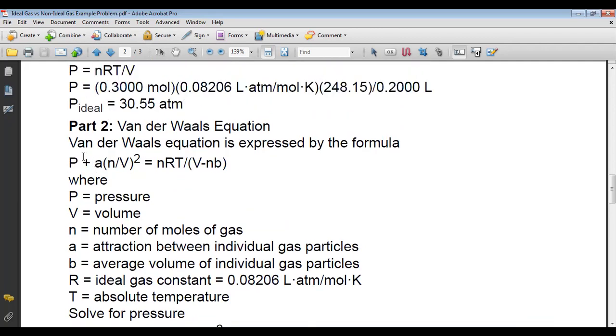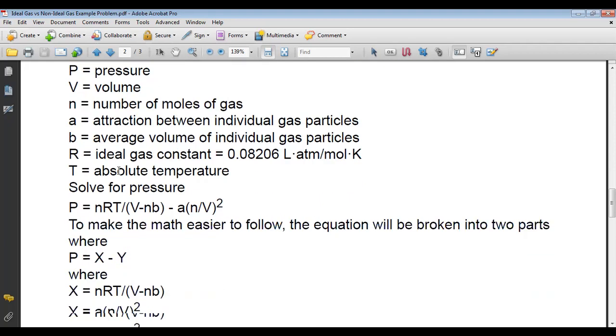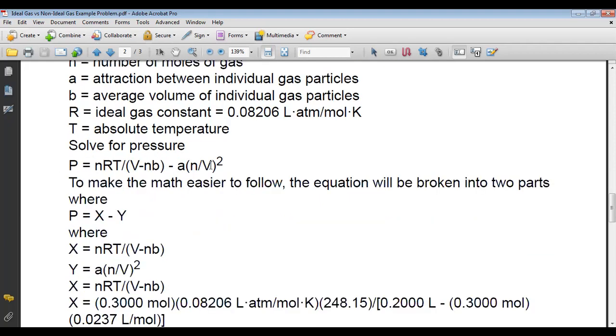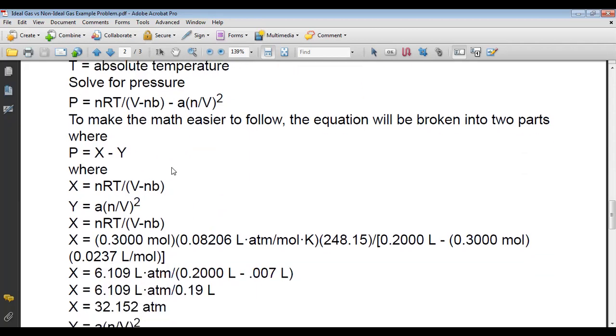When you get the pressure over here, you just rearrange this equation, and this equation will become like this. And now you can just put all these values in this formula, or you can use it in two parts to make it easy for the calculation.